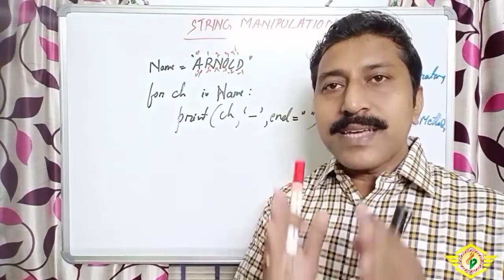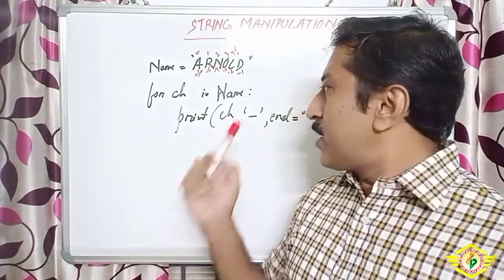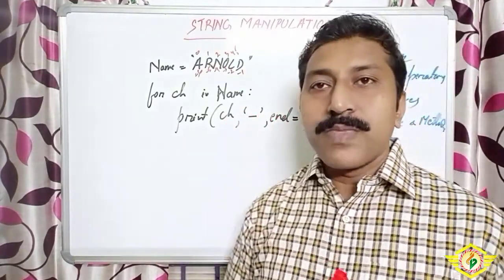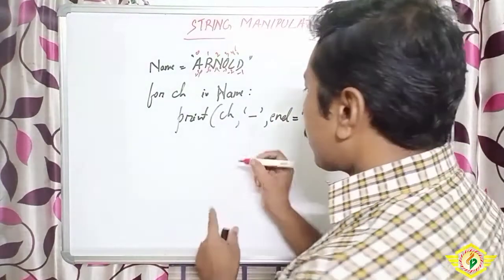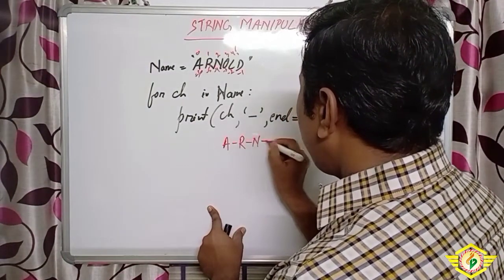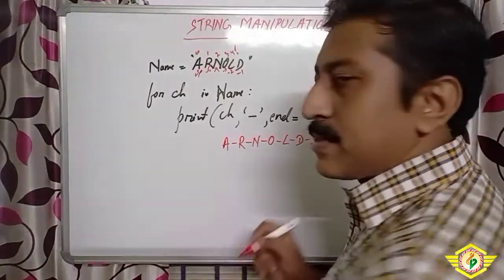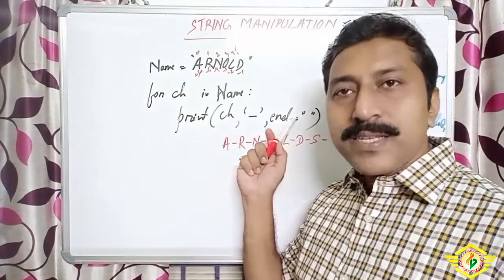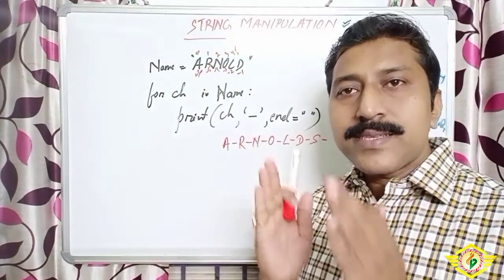That means each character will be separated by one space, with a hyphen coming after each. So what will the output be? Let us see. The output will be A - r - n - o - l - d - and s. Each character will be printed in the same line.